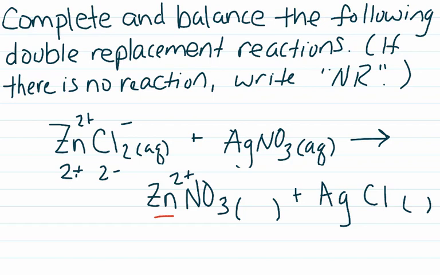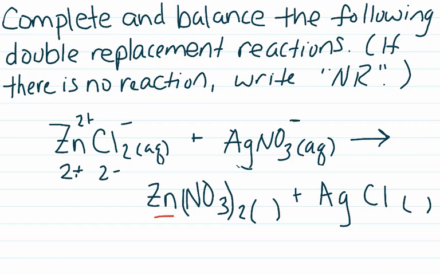We know that the nitrate has a 1- charge, and since this is an ionic compound, again, we want to make sure that this balances so that it's electrically neutral. So we have zinc nitrate, like this, and then our other one is silver chloride. Silver, again, is a transition metal, so we can look back up here at the reactant side of the equation.